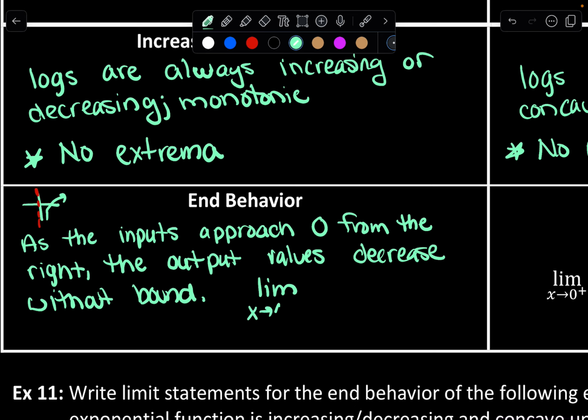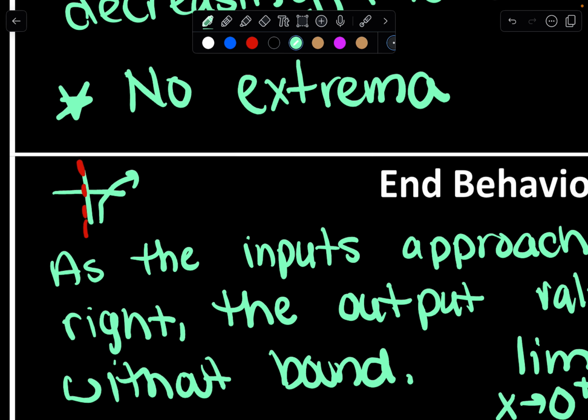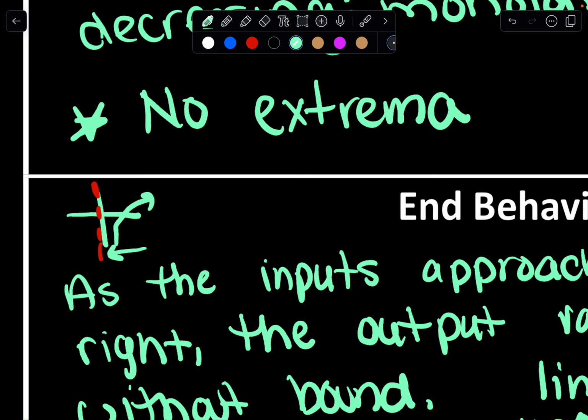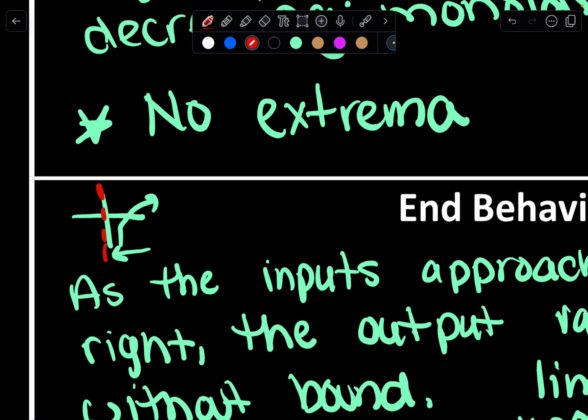X is approaching 0, but specifically from the right. And when I say from the right, I'm talking about on the right side of this vertical asymptote, okay? So it's not really about where you're traveling from, it's about where you're traveling to.